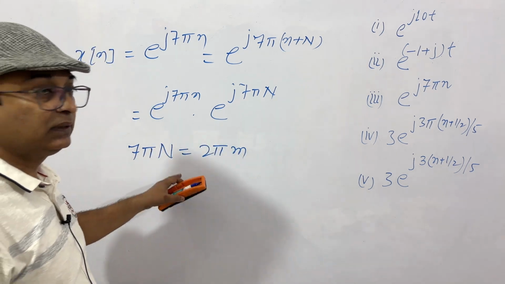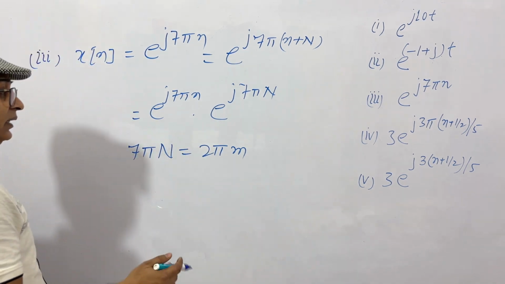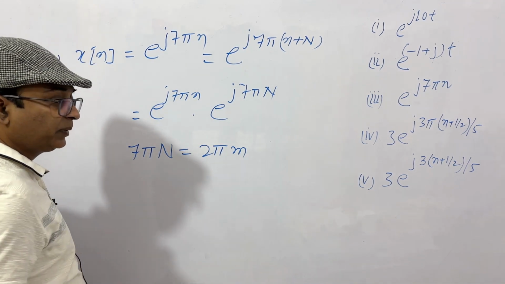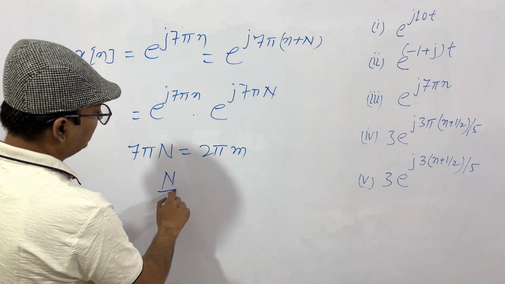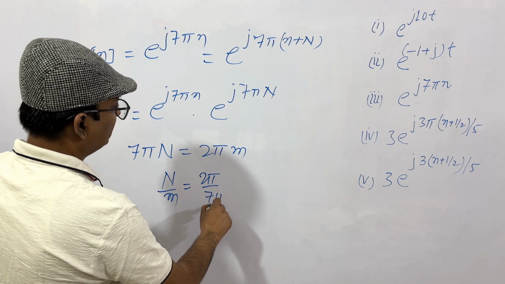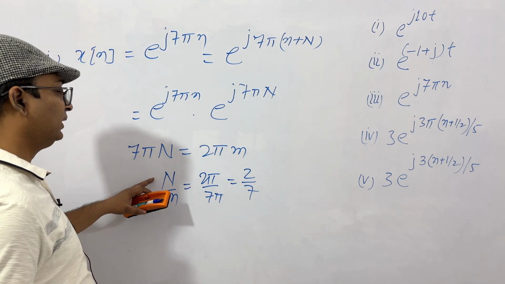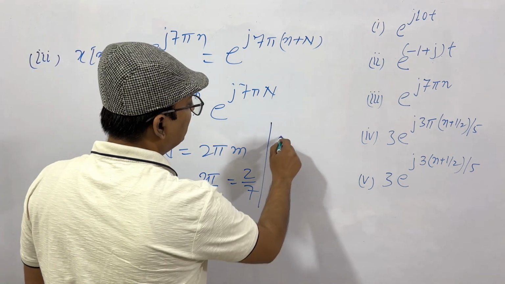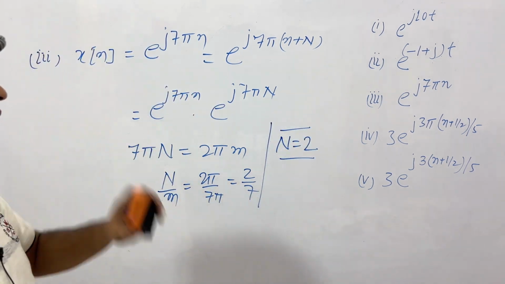You have seen this when you were analyzing discrete signals. If you have any confusion why we have a multiple of 2 pi, go to that video and understand it. From here we get N by m is equal to 2 by 7 pi, that is 2 by 7. That is, when m is equal to 7, N is equal to 2. This is the lowest value. So N equal to 2 is the fundamental period of this signal, e^(j7πn).